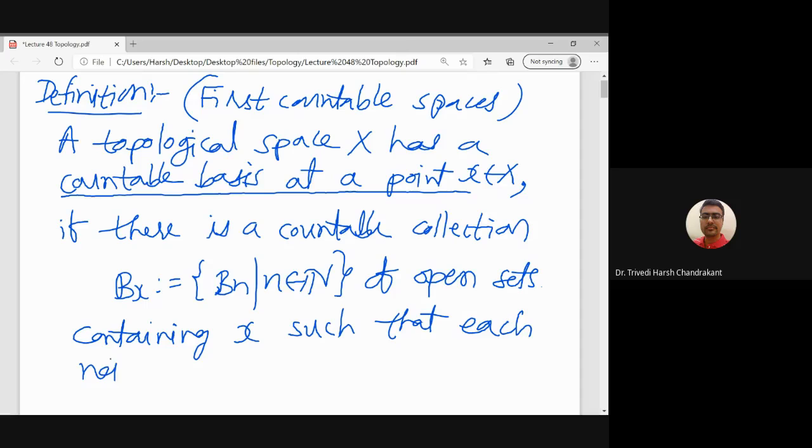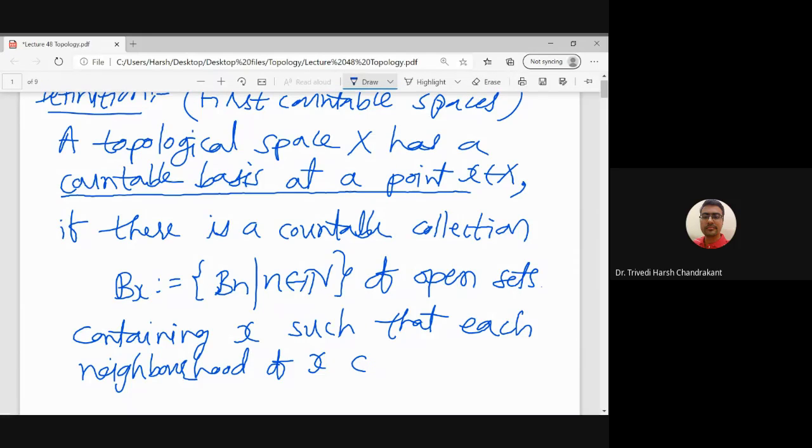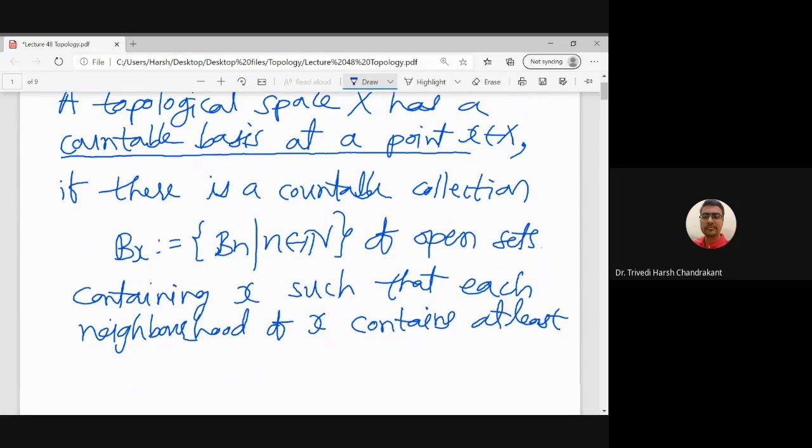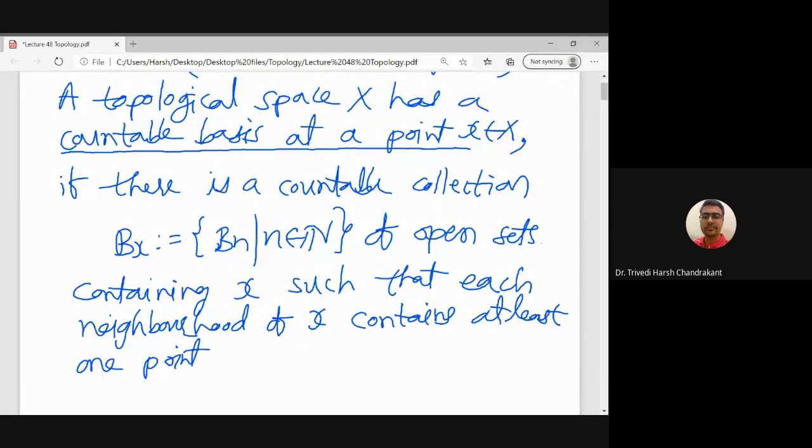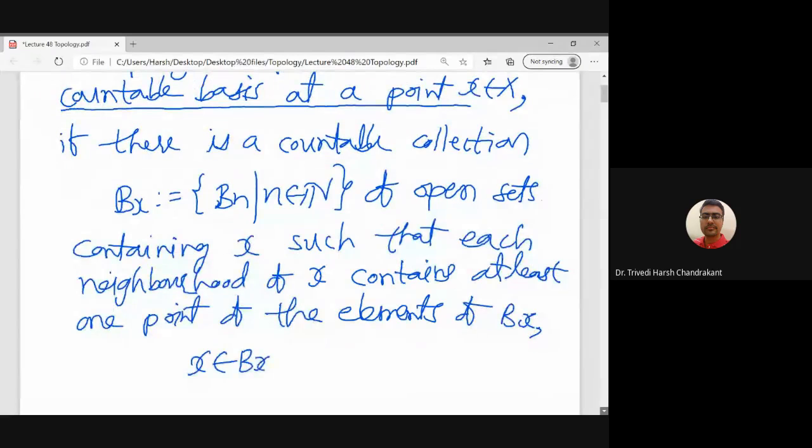Each neighborhood U of the point x basically intersects with one of these sets.